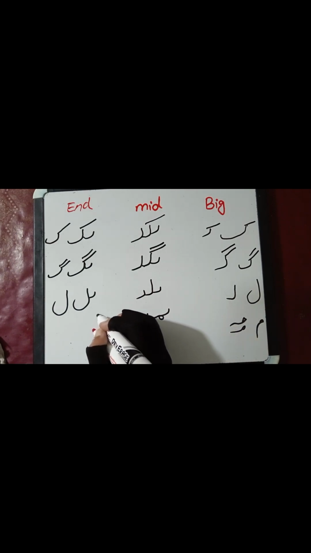Meem, the beginning shape, sometimes we write it like this, the middle shape with two connectors, in the end sometimes with one connector and sometimes without connector.